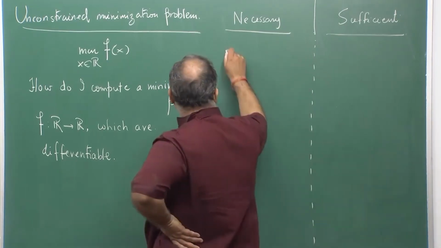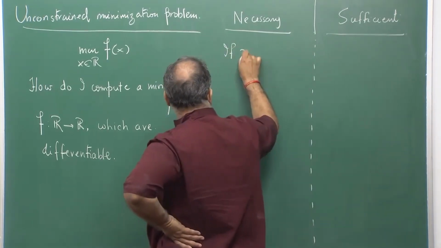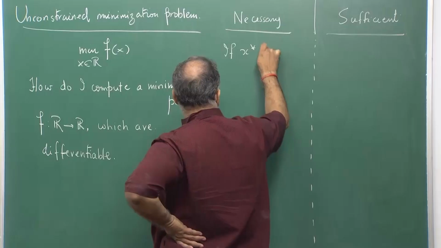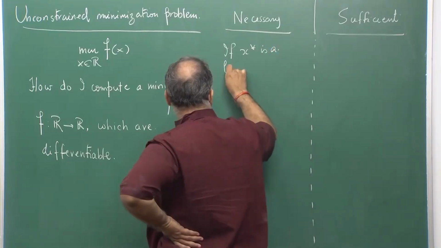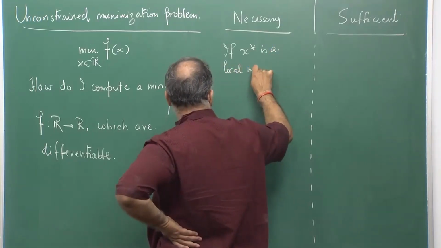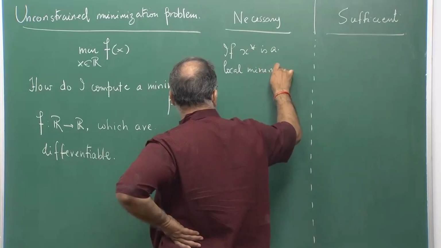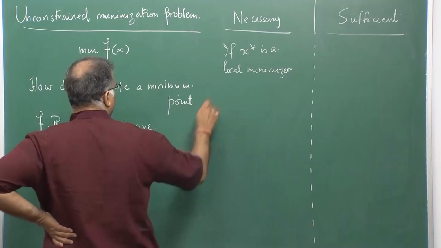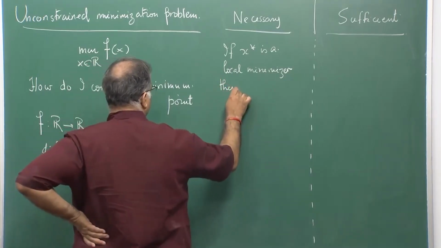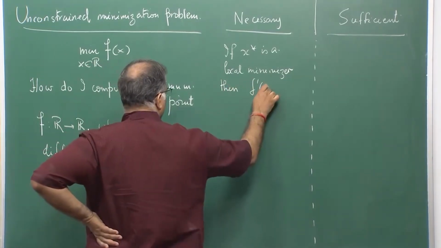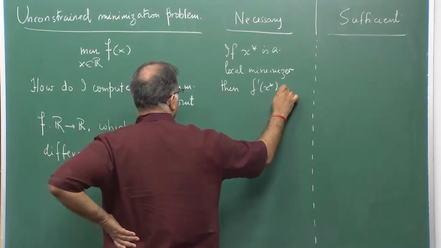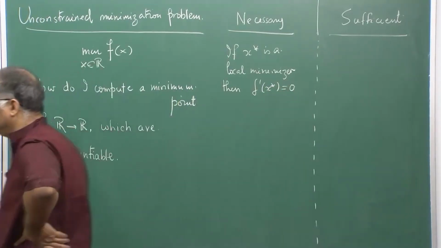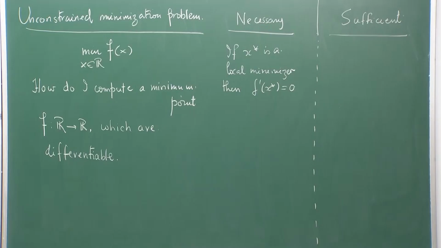So, if x star is a local minimizer, then this condition always holds: the derivative at x star would be 0, because we are only considering differentiable functions.